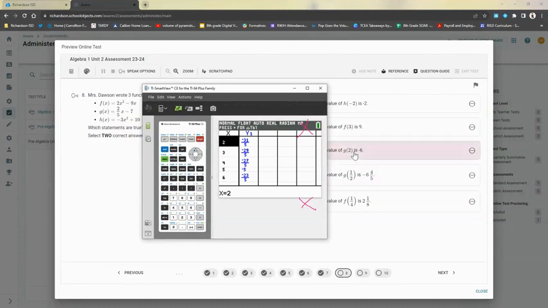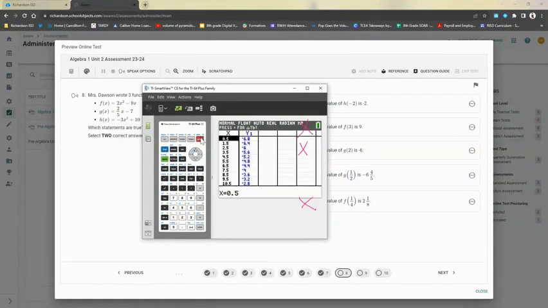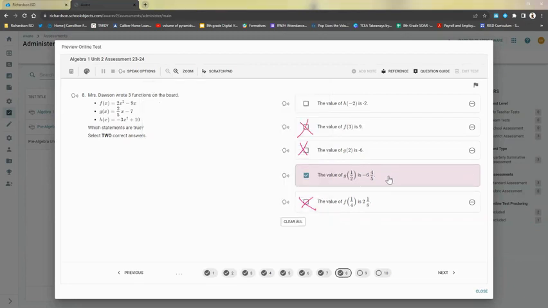That doesn't equal negative 6, so I know this one's wrong. I can cross this one out. Then I'm going to do 1/2: second window, 1 divided by 2, second graph. Because I know that 4/5 is 0.8, I know this one would be a right choice.